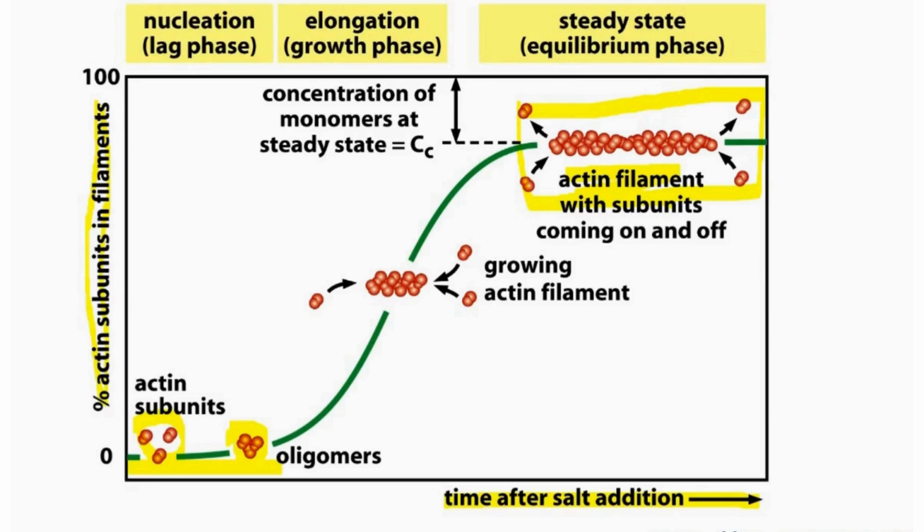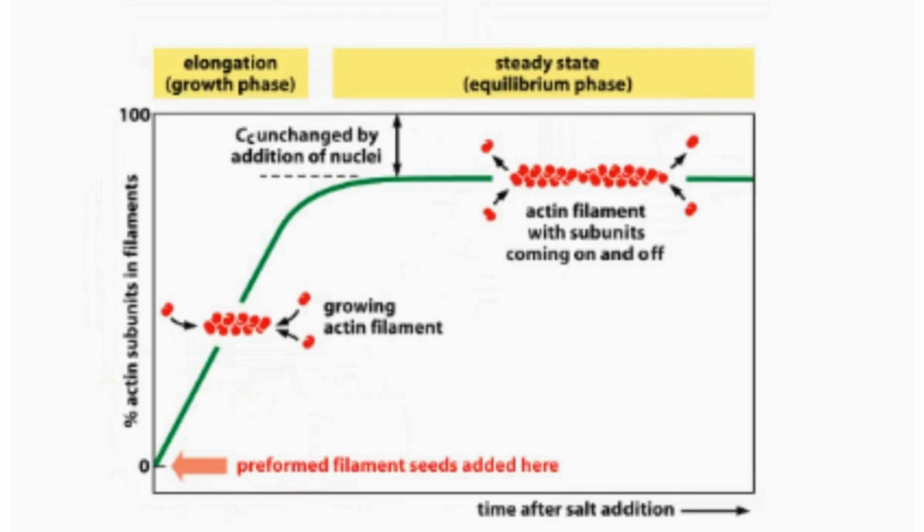Let's do another experiment. In this next experiment, we will remove the initial lag phase. We don't allow the actin subunits to naturally form the nucleus. Rather, in this diagram, we are already adding preformed filament seeds.